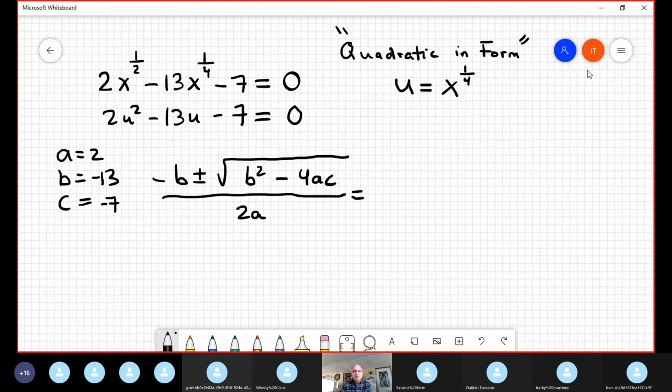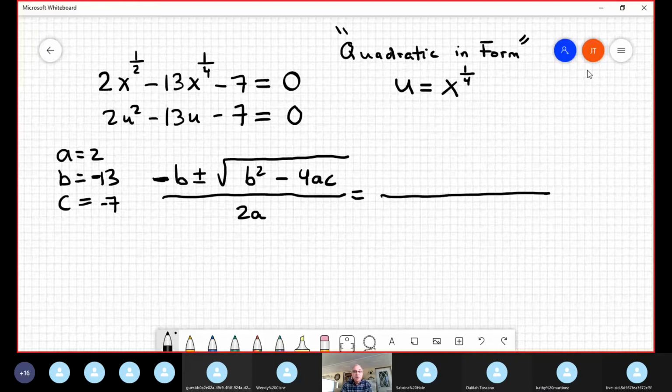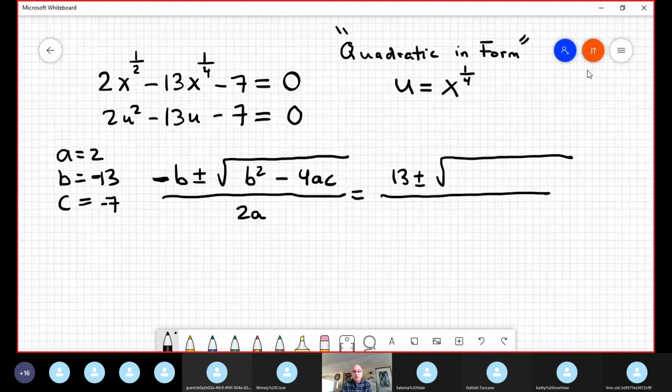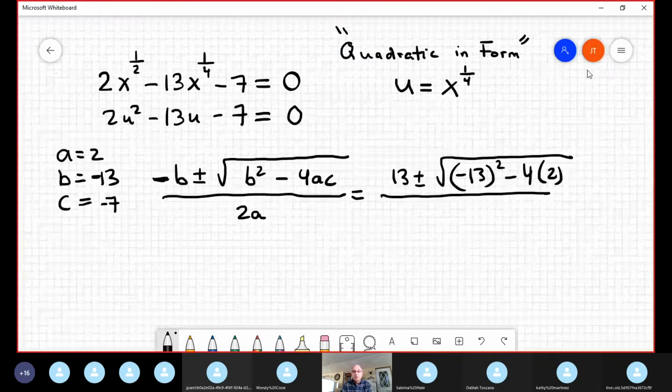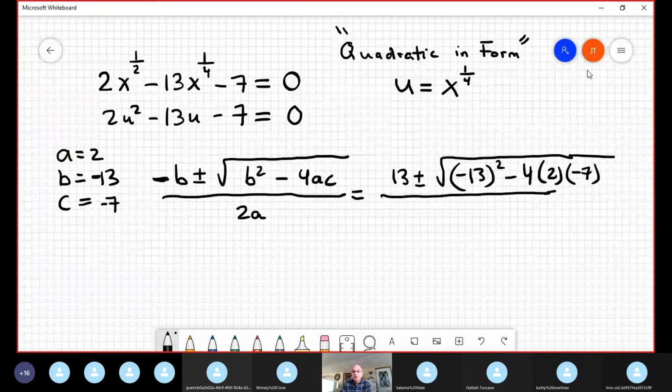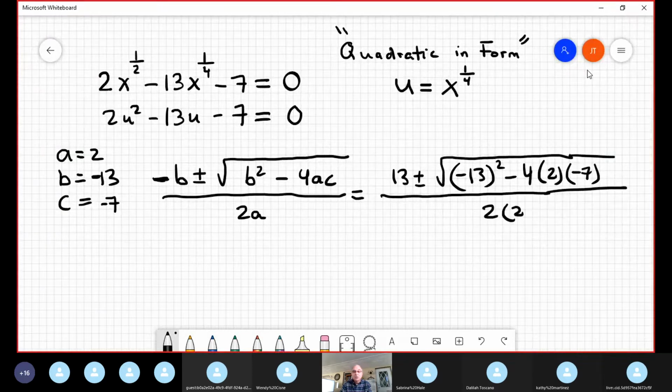In our specific example b is -13, and we have a minus in the formula and a minus in the value, which together become positive. Okay, -13 squared minus 4 multiplied by a, which is 2, multiplied by c, which is -7. Everything divided by 2 times 2, because a is 2.